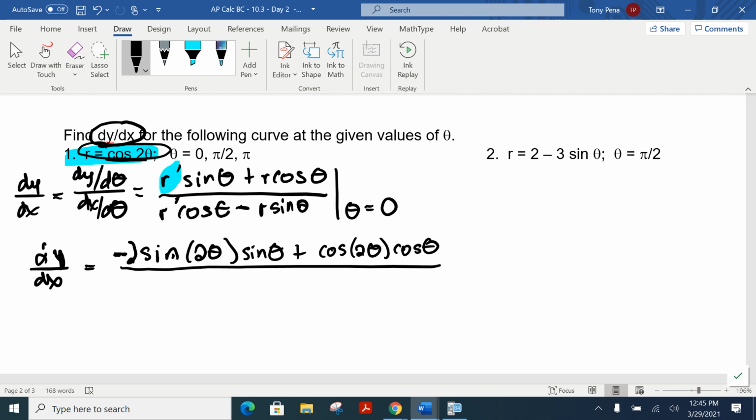R prime is once again the derivative of the original problem, so negative 2 sine of 2 theta times the cosine. Then you're going to do minus r. R is the original problem, cosine of 2 theta, and then times that sine of theta.